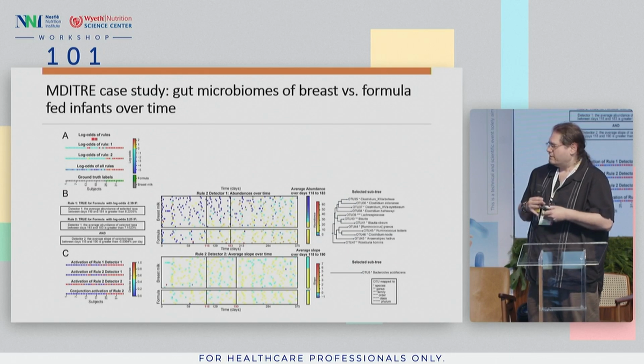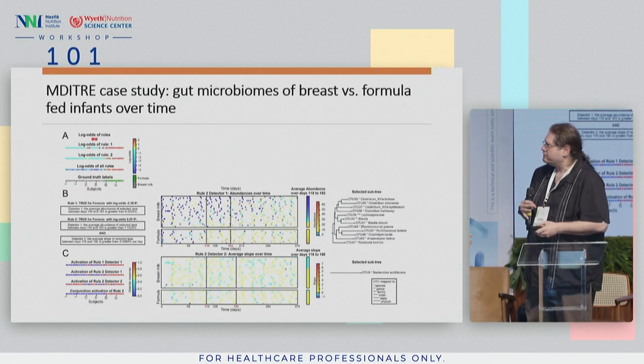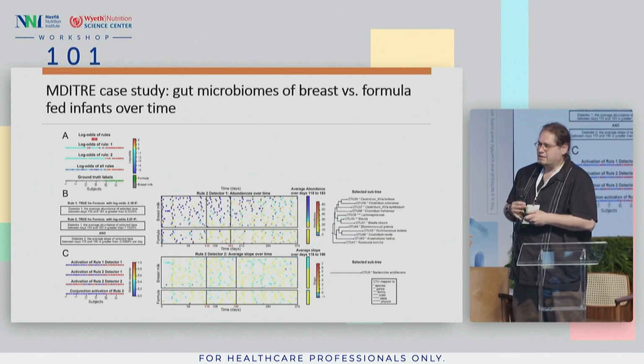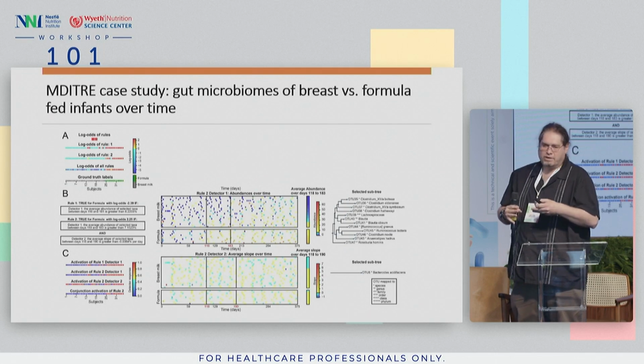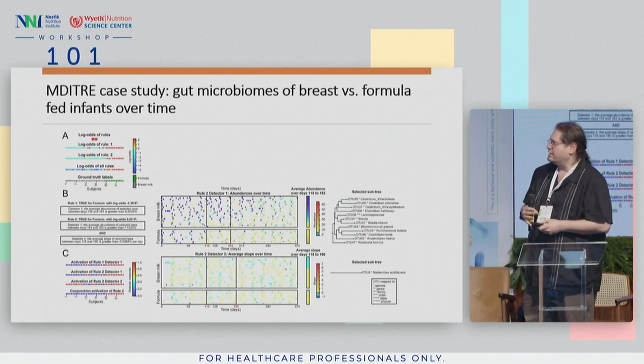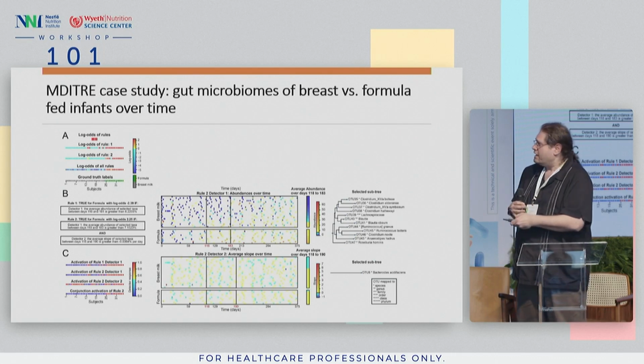So here's a little case study showing you how that works. We also have a graphical user interface. This was a study looking at infants in the first year of life, so certainly relevant to this conference. And these were breastfed versus formula-fed infants. So we asked the model to find rules that would differentiate those infants. In the interest of time, I'm just going to take you through one of those, the one down here.